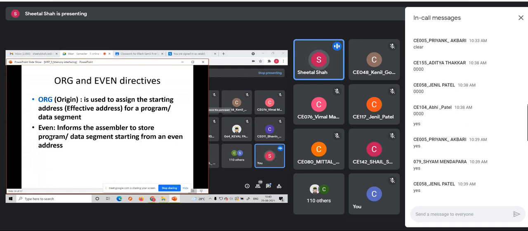Suppose I have a data segment, then n defined byte 5 dup 0. Then I have one more variable, n1 defined byte 10. Now, what would be the offset value of n1?